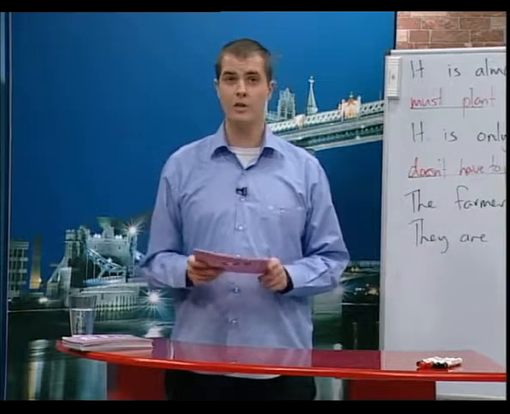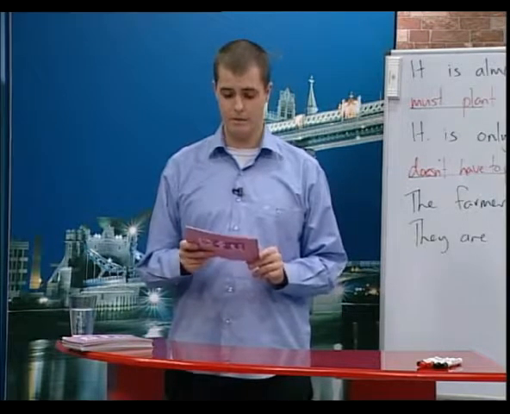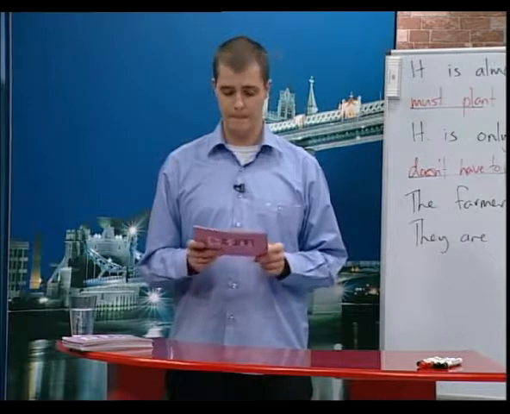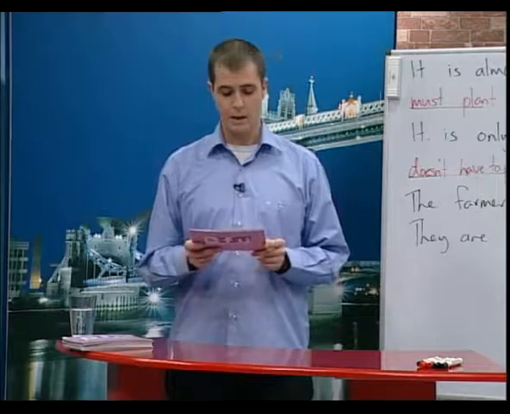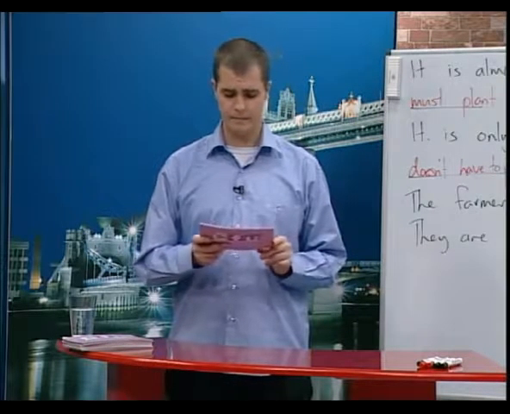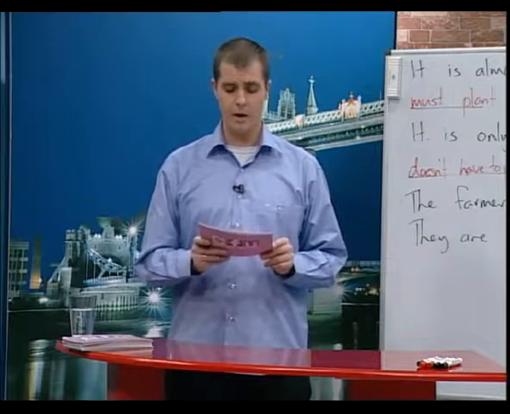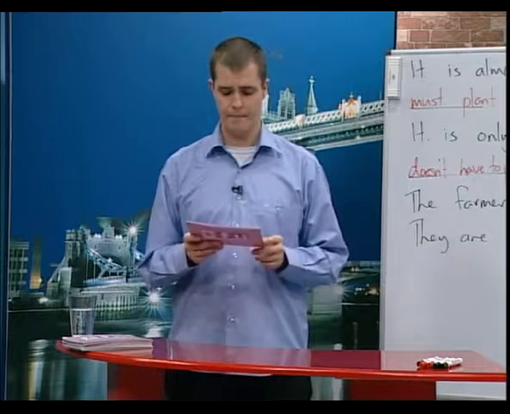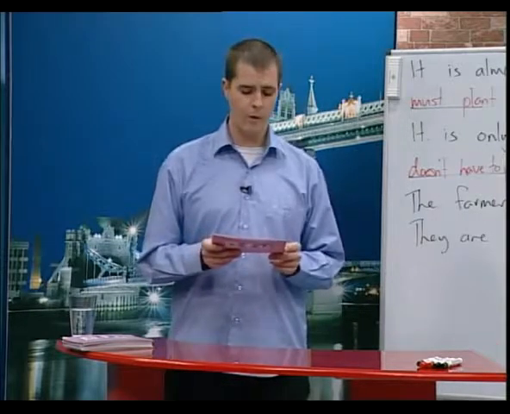Now answer the questions. Number 1. Where is Hank and Maureen's farm? Number 2. Why is Hank lucky? Number 3. What does Hank think he should buy? Number 4.